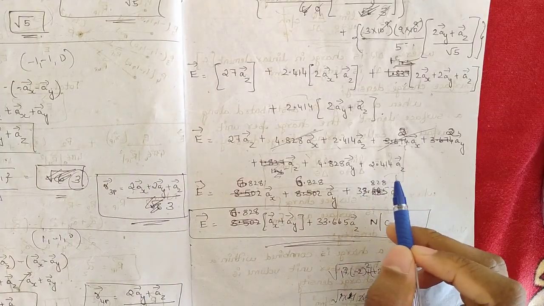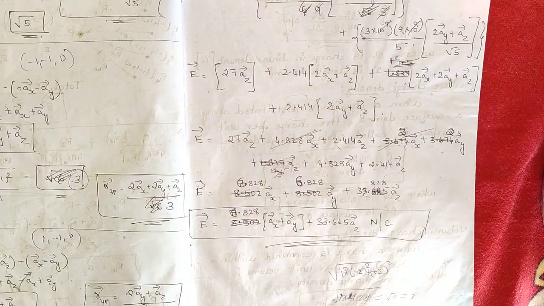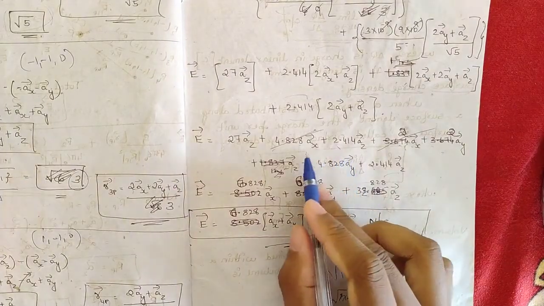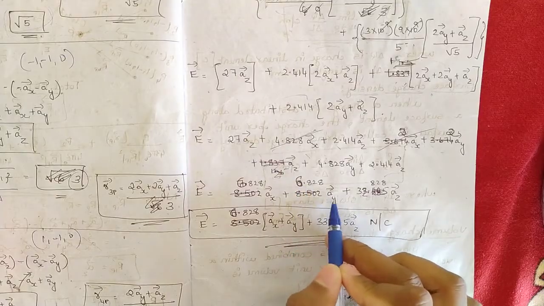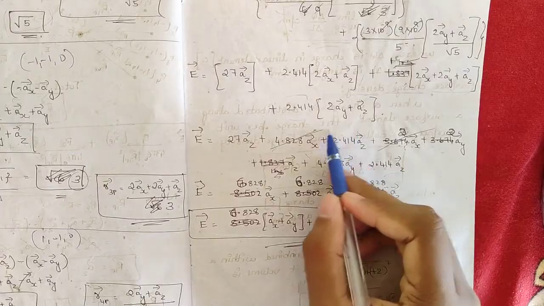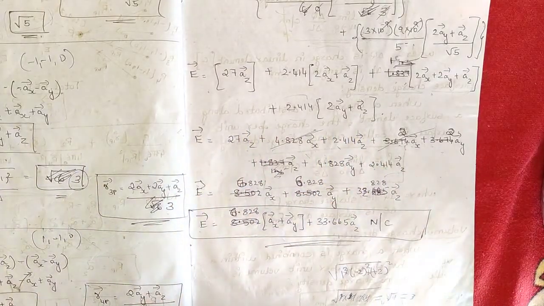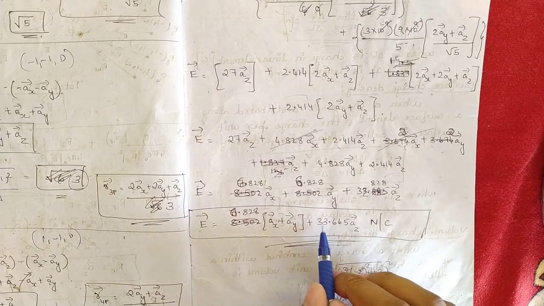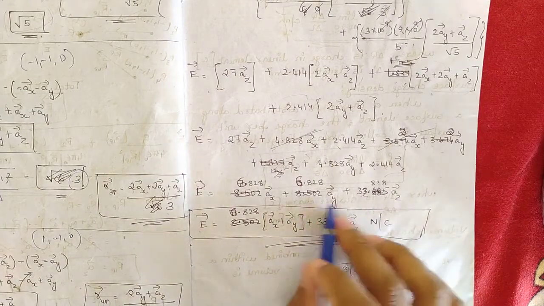Then 4.828 Ay plus 2Ay, that is 6.828 Ay. Then we have 2.414 Az plus 2.414 Az plus 27 Az. After summing all of them, you would be getting approximately 33.665 Az. Okay, so I have written it here after adding all of them.